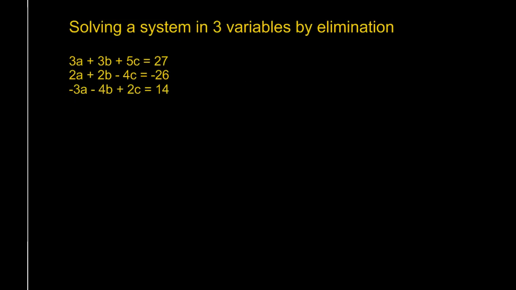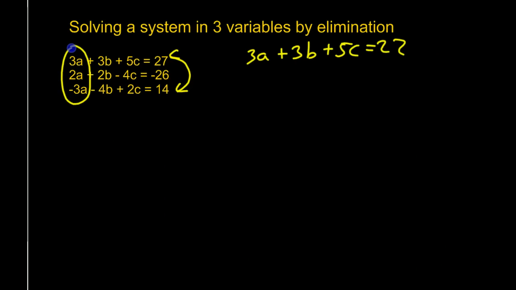So in this case, we want to look and see what variable is the easiest to eliminate. A, B, and C, which one would require the most work to make them the same? And if we look at A, we have a 3, a 2, and a negative 3. So based on our previous information, we should be able to look at those two equations first and say, we can eliminate A very easily in those two equations, like this.